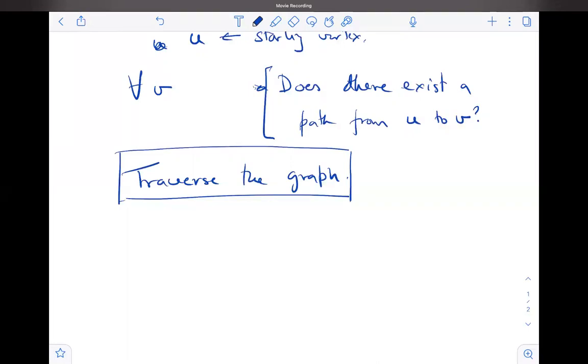Okay. Now there can be many algorithms for traversing a graph, and there's a huge number of them, no doubt. But there are two of them that we will be focusing on particularly in this course, and these are almost the two most important traversals that you will ever learn.